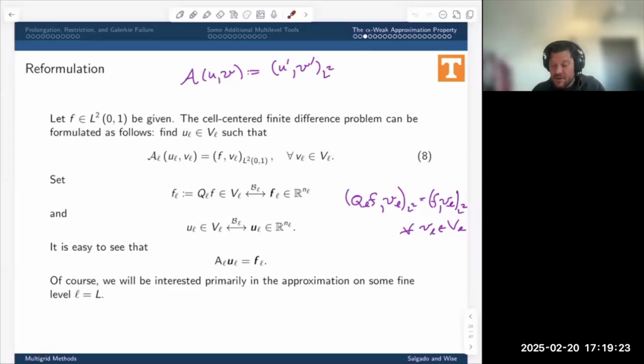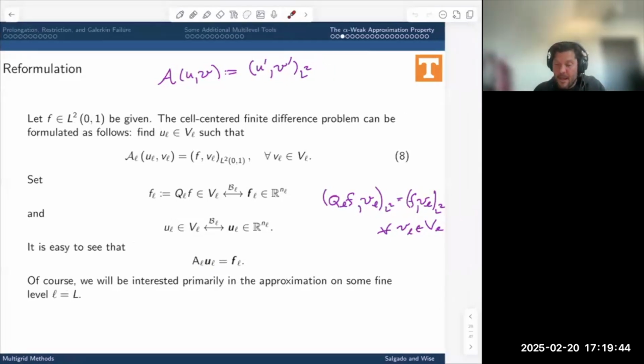Now the question is, does this have a solution? Yeah, it has a solution because we just showed it's equivalent to a symmetric positive definite matrix vector problem, a set of linear equations where the coefficient matrix is symmetric and positive definite. So sure, it has a solution.